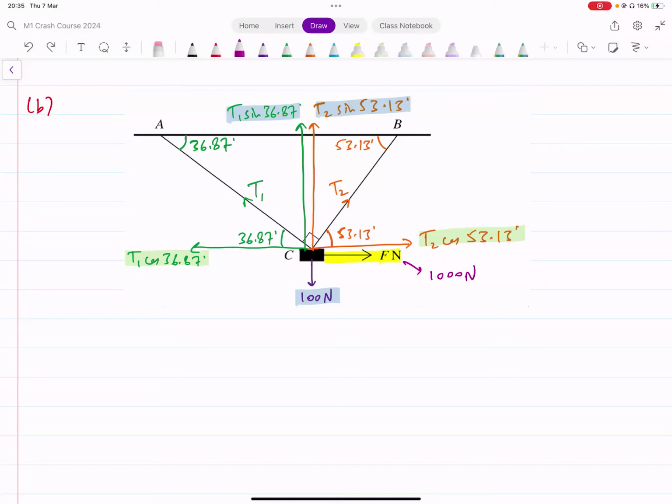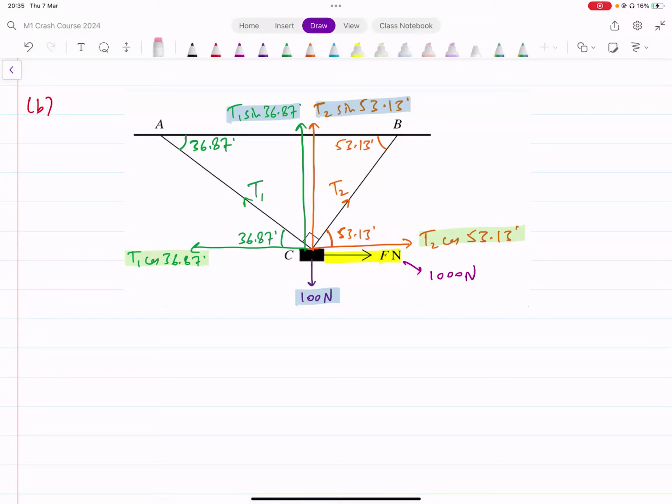What's going to happen is the block is going to move towards the right side like this. So if this force F was too big, eventually this equilibrium position is going to change and the block will move to the right side, like this.